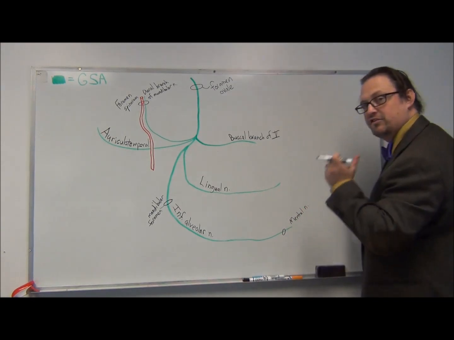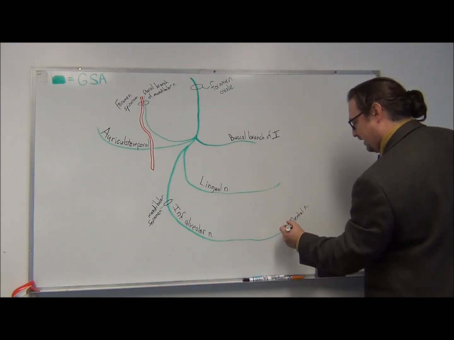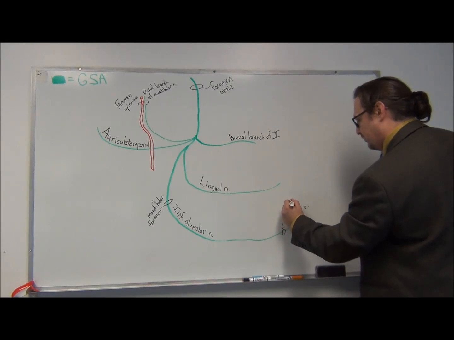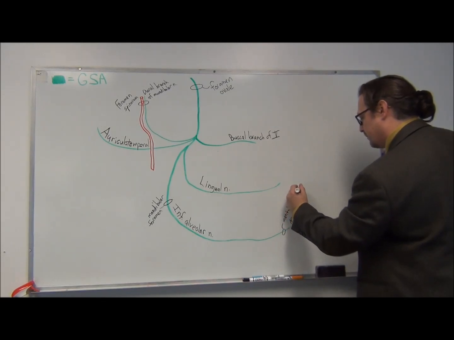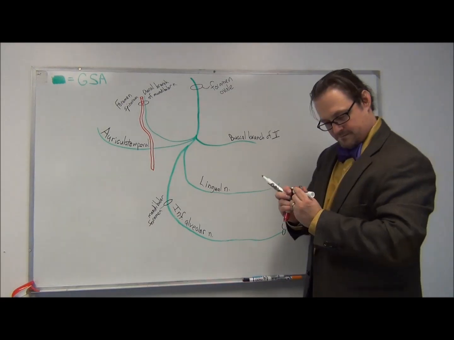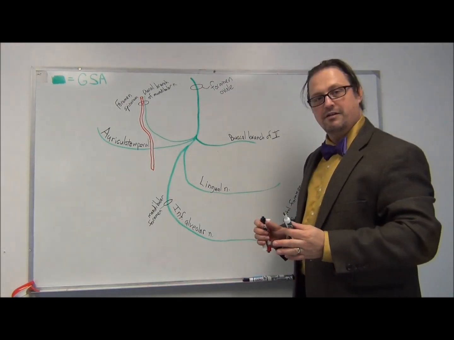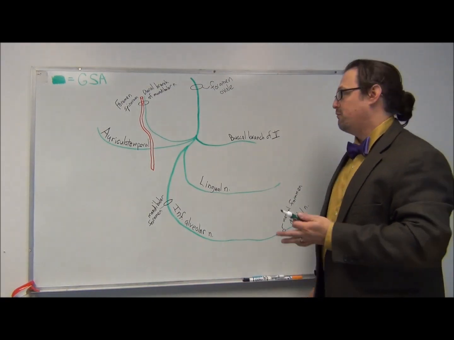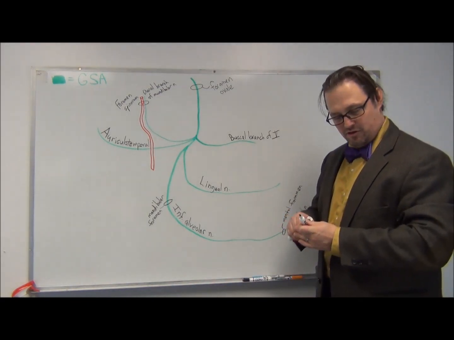So think deep thoughts, rest your fist on your chin, and it exits through, no surprise, the mental foramen. So that is the sensory function of cranial nerve V3, the mandibular branch. No big deal there.